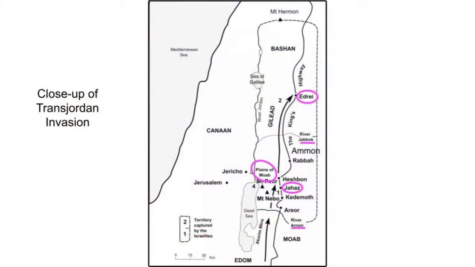They're going through all these different locations. The next location I want you to know, if you look at the close-up on the next slide at the bottom of your notes, you'll see a close-up of this invasion. One easy way to remember the layout of the land of Israel and Palestine: think of a circle in your mind. That's the Sea of Galilee, where Jesus did his ministry, near Capernaum and Nazareth.